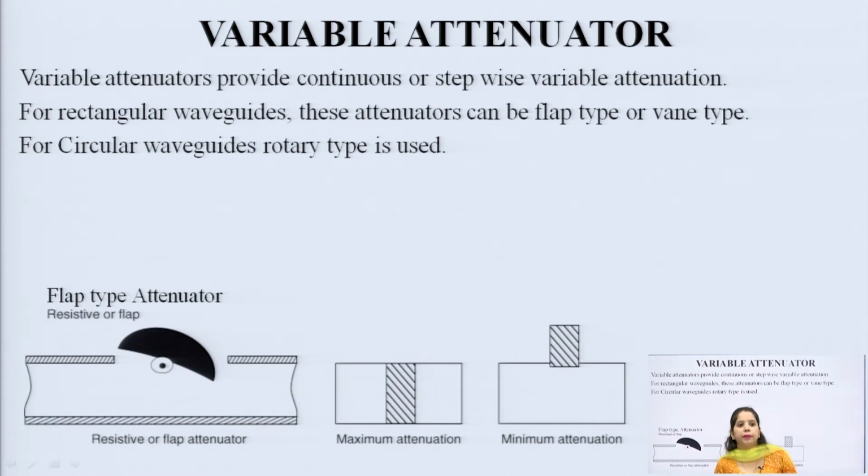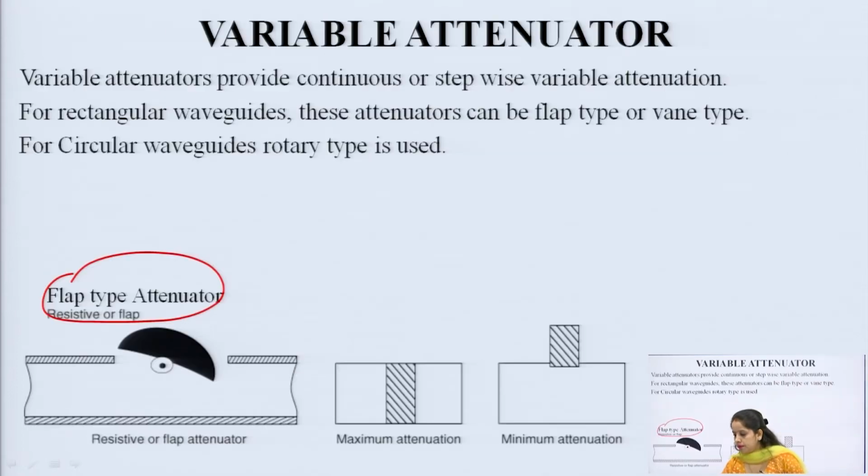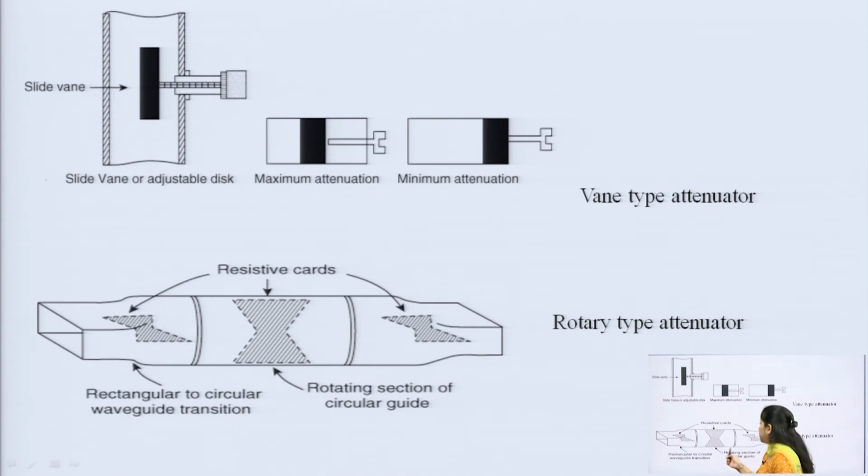Now comes the variable attenuator. A variable attenuator provides continuous and stepwise variable attenuation. For rectangular waveguide, this attenuator can be of flap type or vane type, and for the circular waveguide, it is a rotary type attenuator.